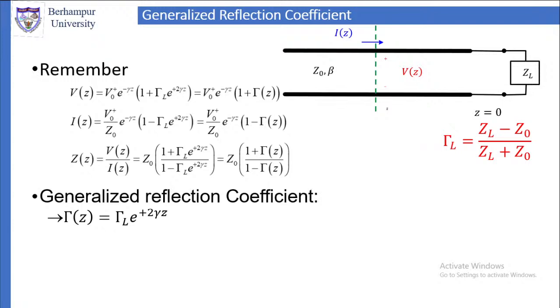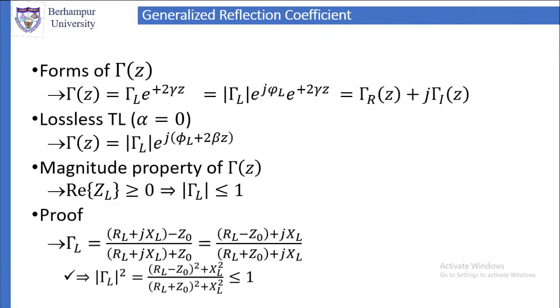So gamma Z is equal to gamma L exponential 2 gamma Z, that is the generalized reflection coefficient in this expression. So remember this. Then we are going to discuss about the Smith chart, or try to find out the derivation for the Smith chart.